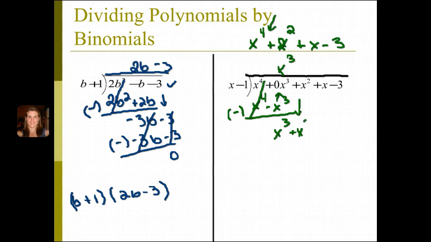X times x squared gives us an x cubed. We're going to subtract these.